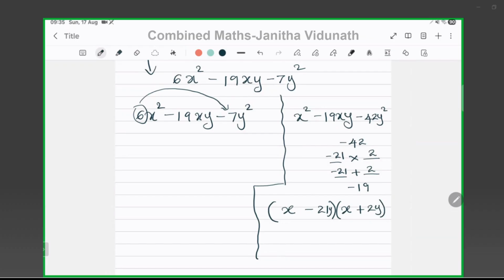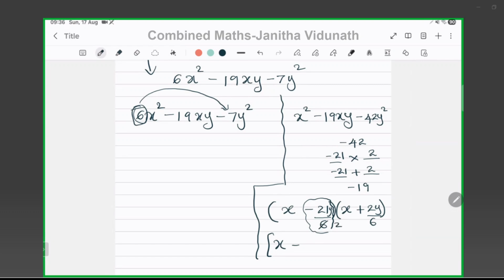Then we need to divide this constant term by the coefficient of x square, but we remove it first. Then we need to simplify this fraction. We can divide both denominator and numerator by 3.